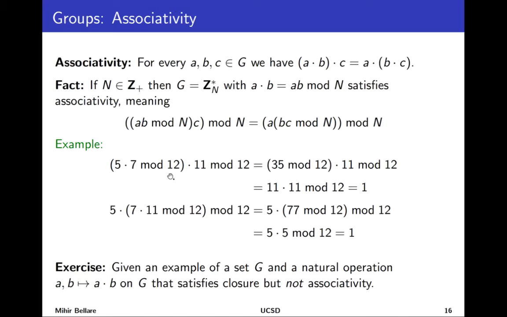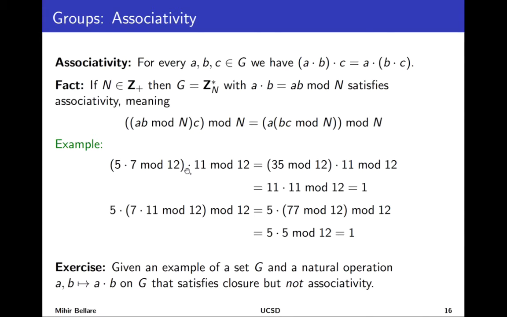So if my numbers are 5, 7, and 11, and here I'm working in Z star 12, well, if I start here, 7 times 5 is 35, 35 mod 12 is 11. And so I get 11 times 11, and modulo 12, 121 mod 12 is 1. But I could do it another way.